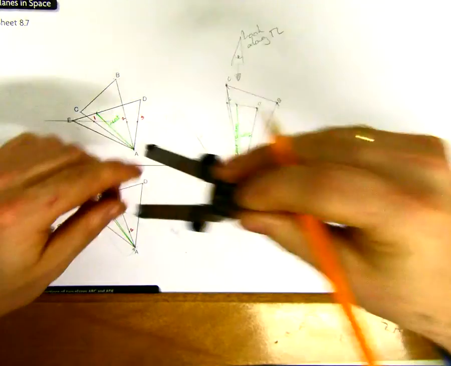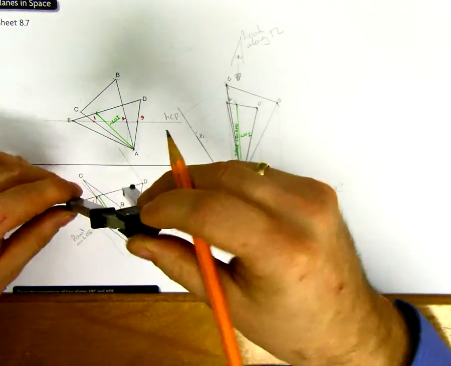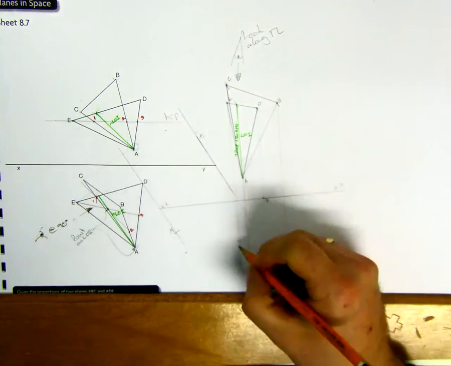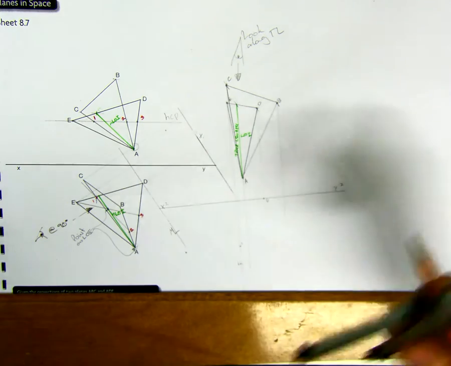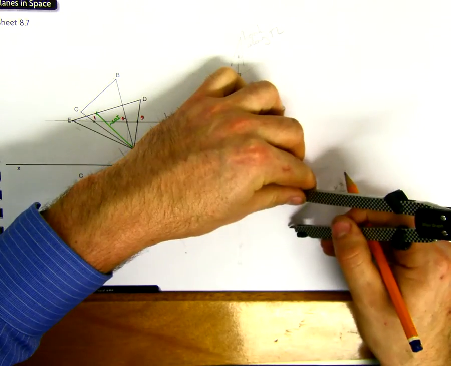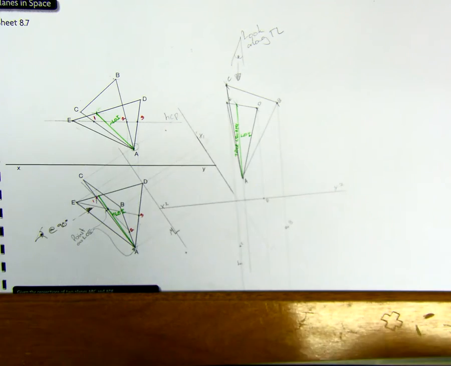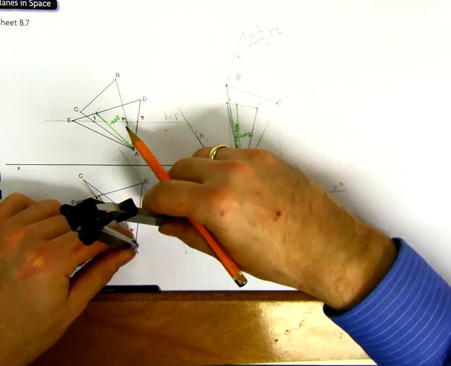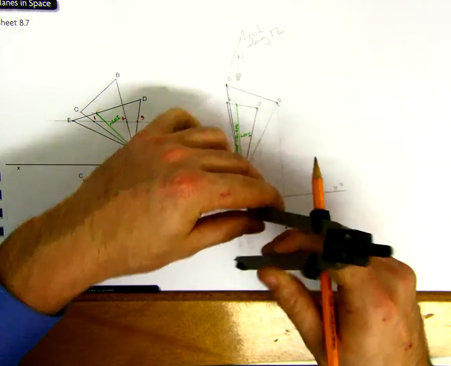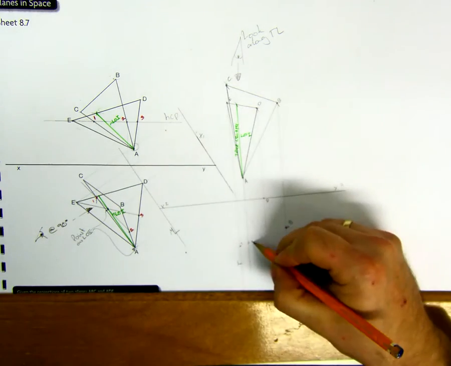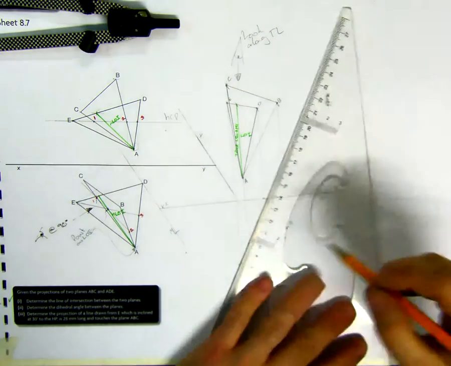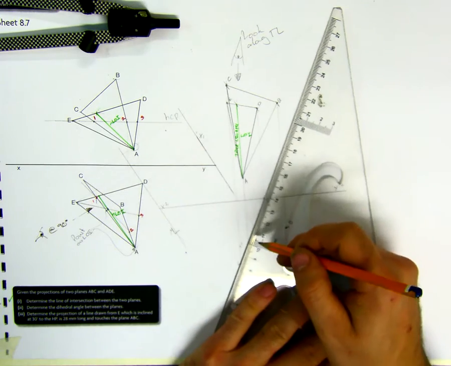So point C. Point D. B. Point A. So ABC and point D. Okay, so we should be able to join A, B and C, and it should be a straight line.